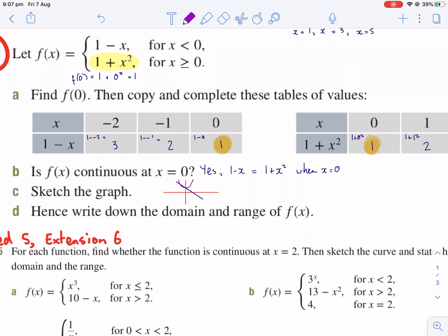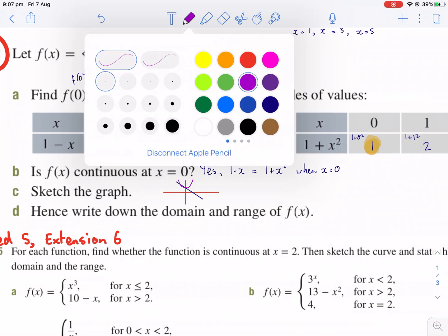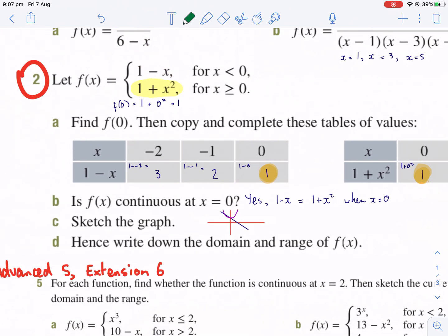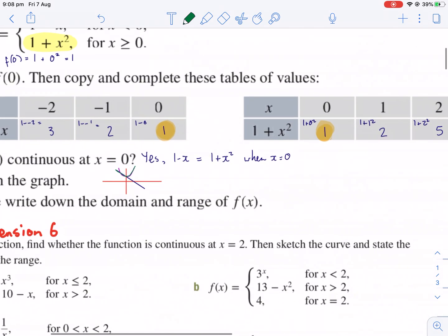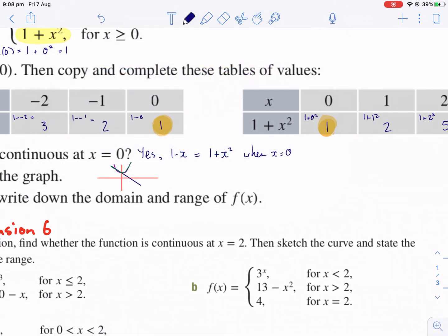So the graph that we're trying to sketch is actually just 1 minus x when we're less than 0, and then 1 plus x squared when we're going up. So it's like that. The domain is all real x. The range, though, you're not going to get less than 1.